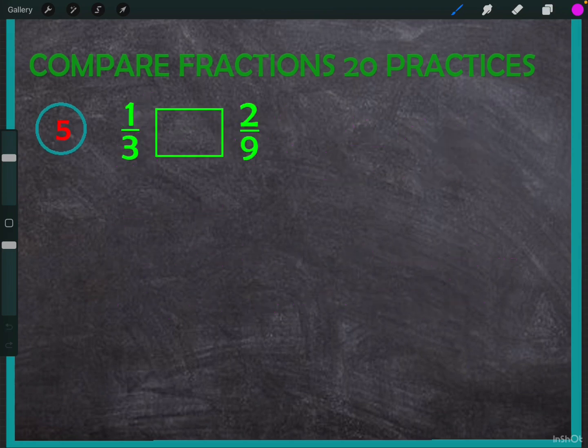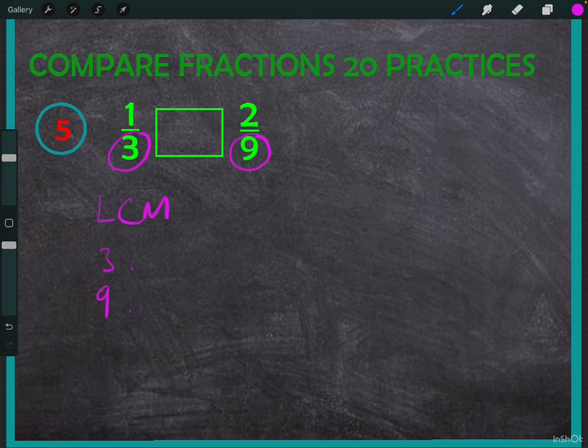Practice number 5. We have two fractions, 5 over 3 and 2 over 9. These two fractions have different denominators, 3 and 9. To compare them, we need to find out the LCM of number 3 and number 9.